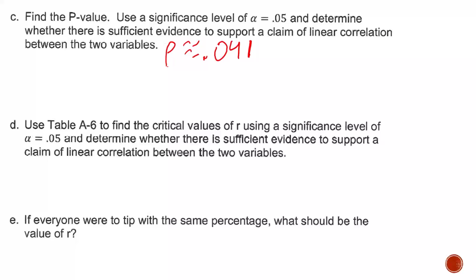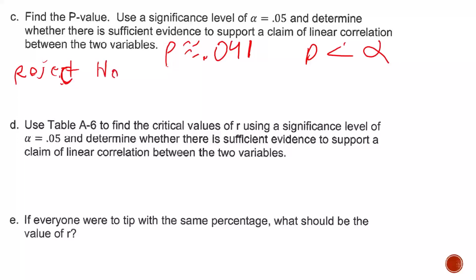Now remember when we did the p-value testing for hypothesis testing, if p was less than the significance level, what did we do? We accept the null hypothesis or reject it. Reject. So in this case, p is less than alpha, so we reject the null hypothesis, right?